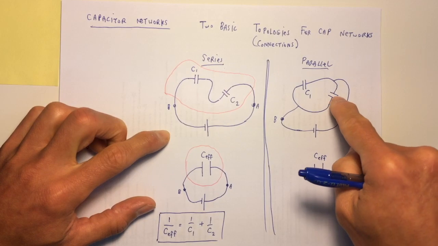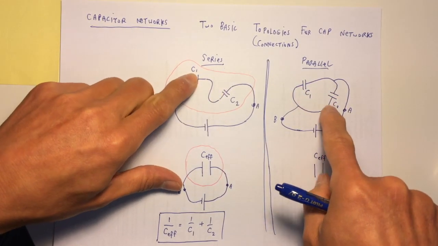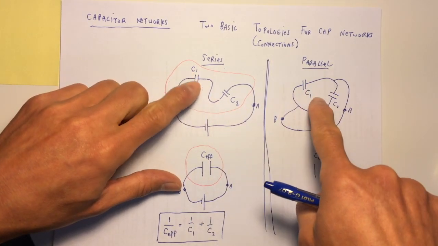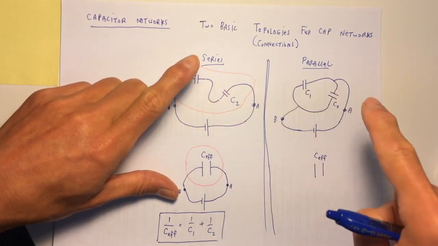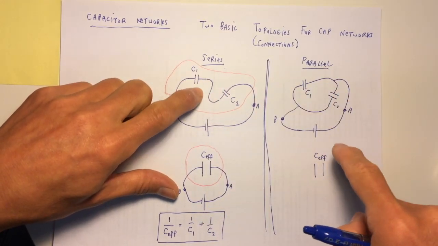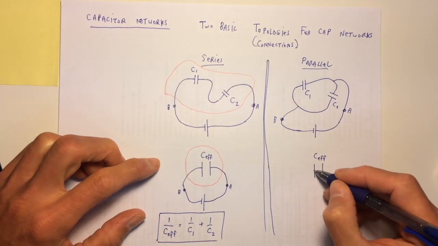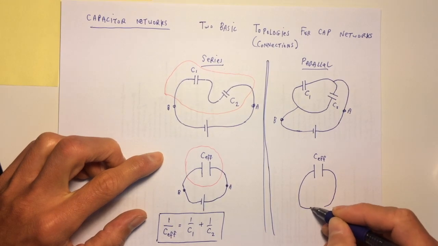But because I have a different topology, even if I have the same capacitors, I have them hooked up differently, so the way the charge is going to separate is going to be different in this case versus that case because of the difference in connections. So this C effective is going to be a little bit different looking.